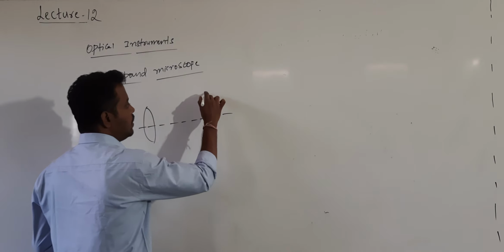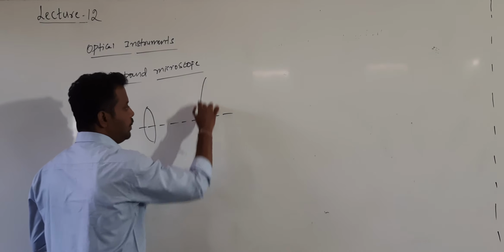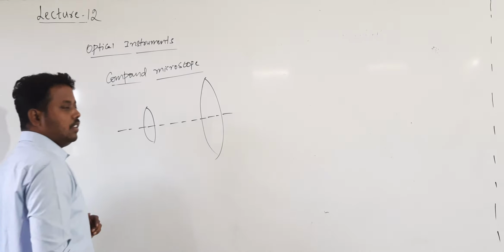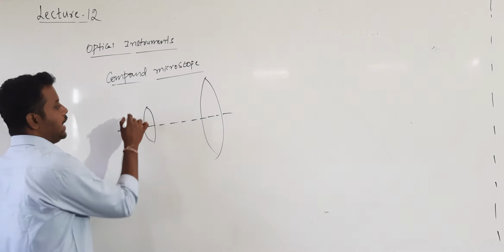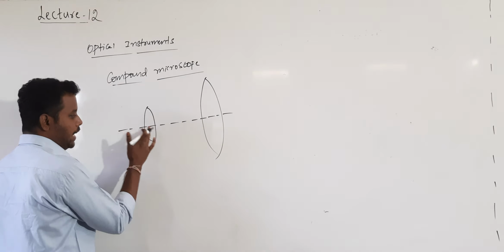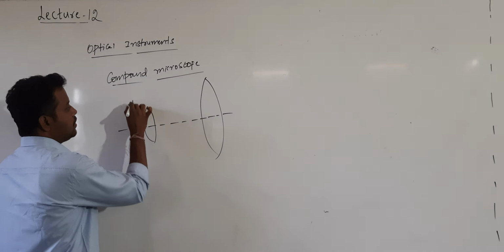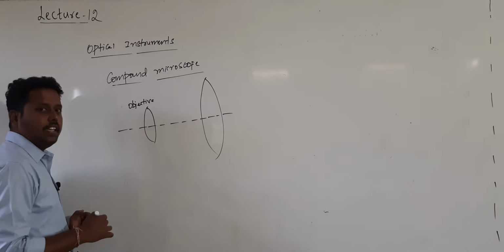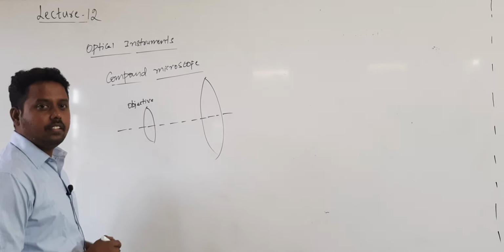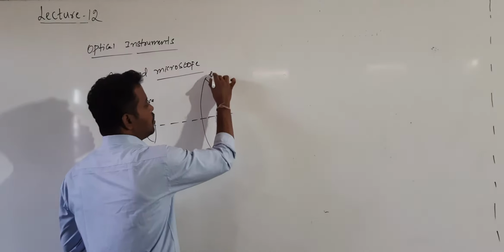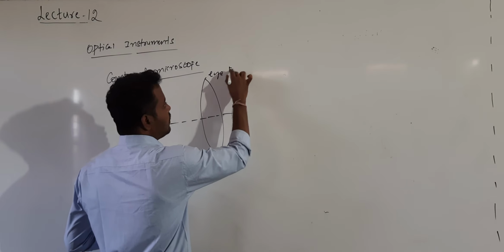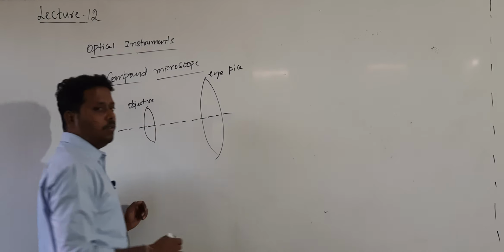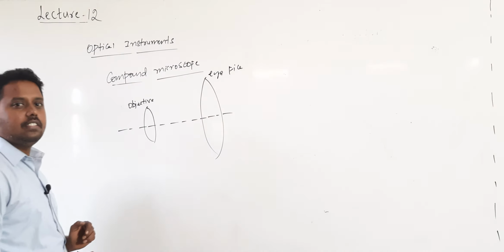The lens where we place the object in front of it is called the objective lens. This objective lens has a small focal length and small aperture. The lens which is very close to the eye is called the eyepiece. This eyepiece has a moderate focal length and a large aperture.